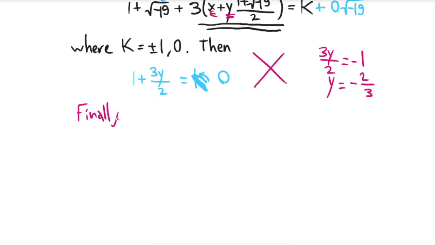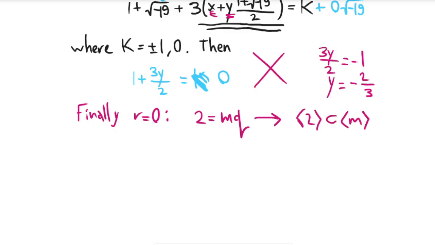So the final case would be if r is equal to 0. And that gives us that 2 is equal to mq. So there's a similar argument here. This tells you that the ideal generated by 2 is contained in the ideal generated by m. And we know, again, from our fact that the ideal generated by 2 is maximal.